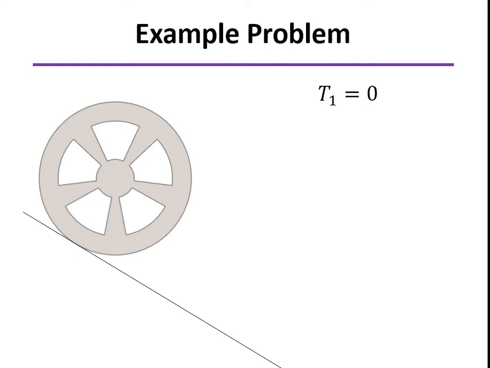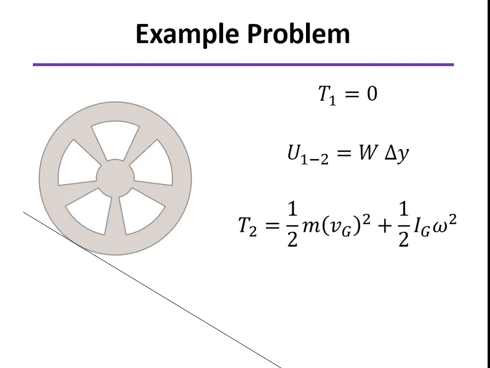We said the friction doesn't do any work, so the only thing doing work in this case is the weight, and so the weight times the vertical distance that it drops, again positive work, will be the only work done here. And our final kinetic energy will be 1/2 mv squared, again v of the center of mass, plus 1/2 I omega squared. And of course, if there's no slipping, then we know that the velocity of the center point is just r times omega. So it's only one unknown there, and we can solve this problem.